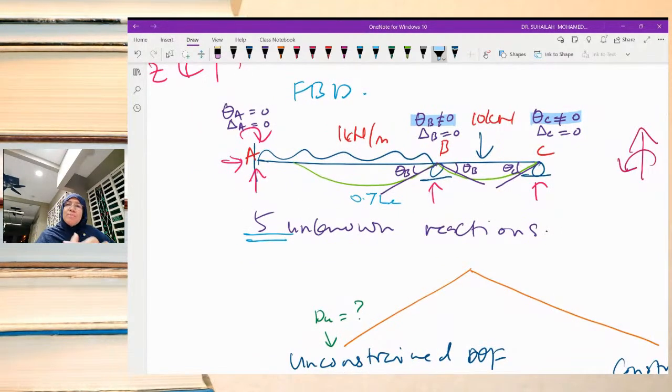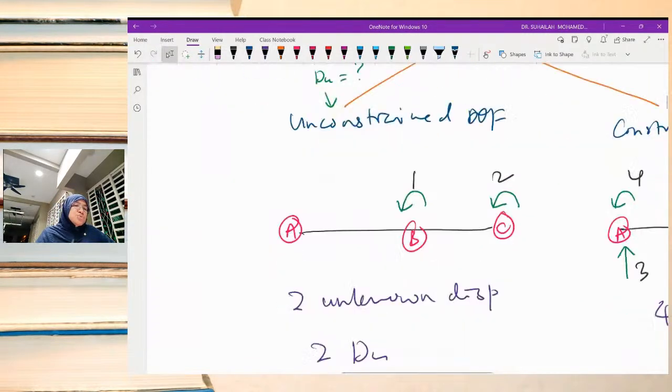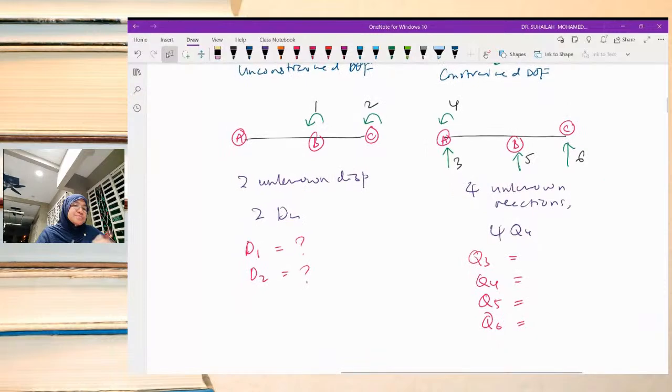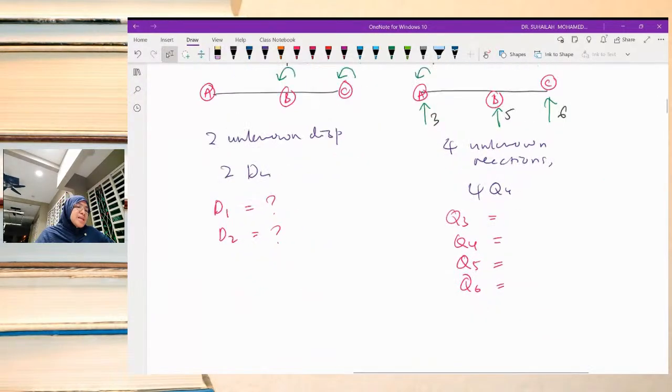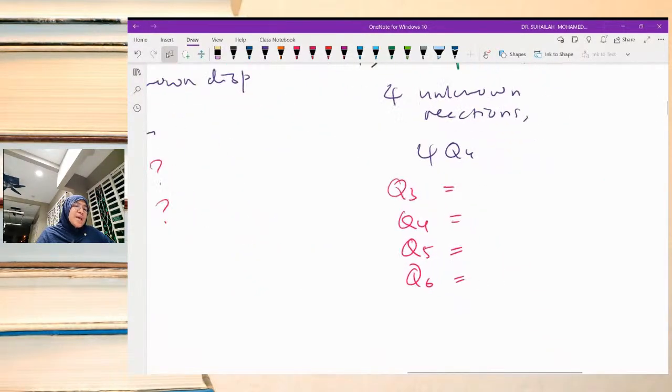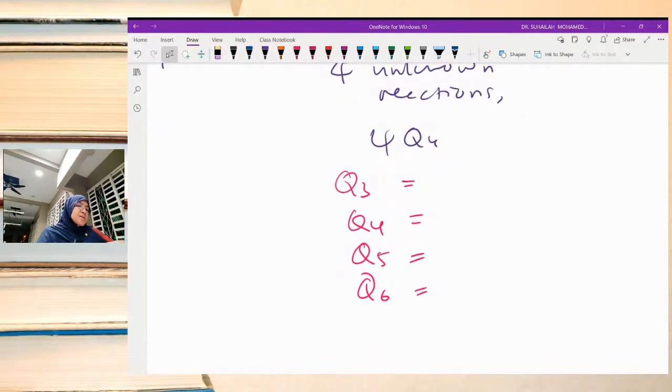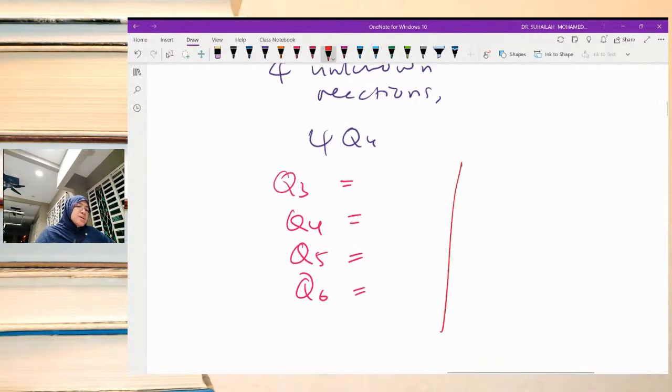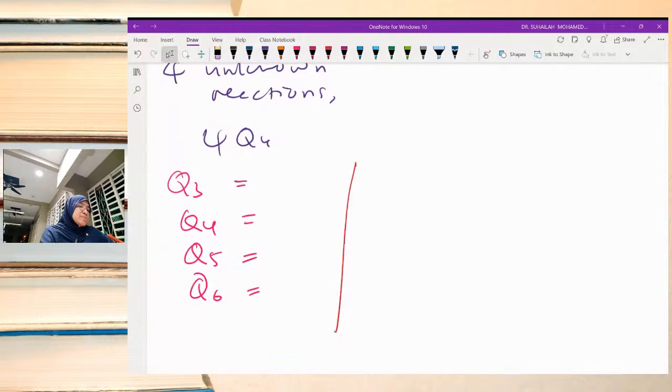If we compare this to this label, we have D3, D4, D5, D6.